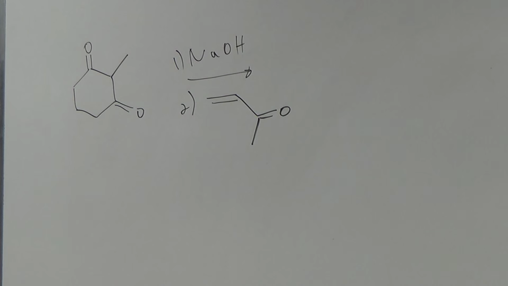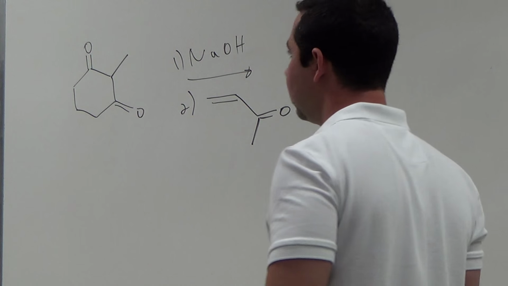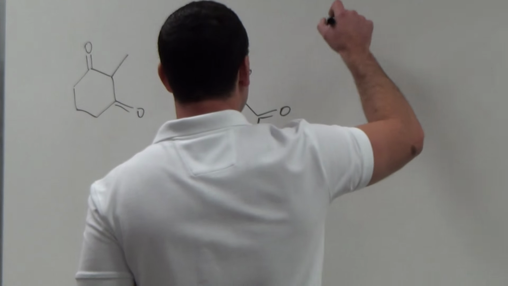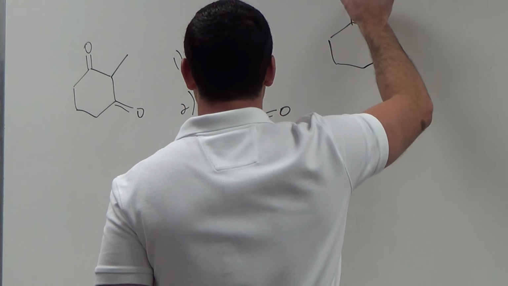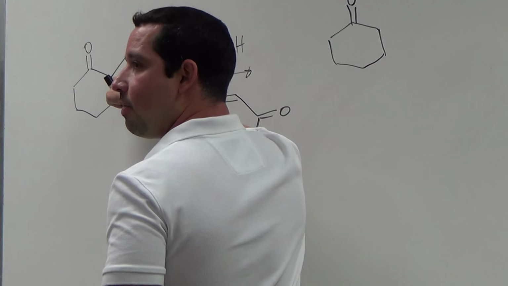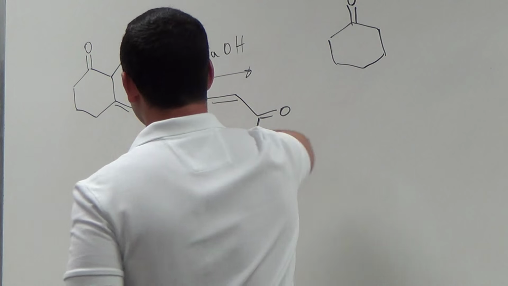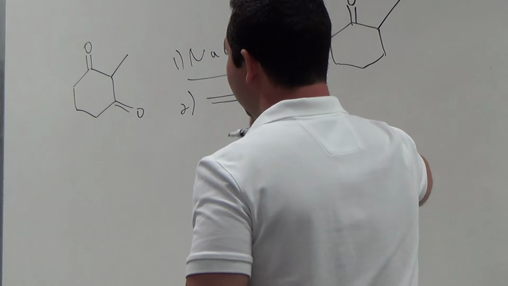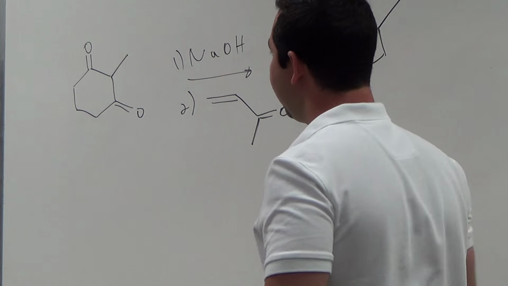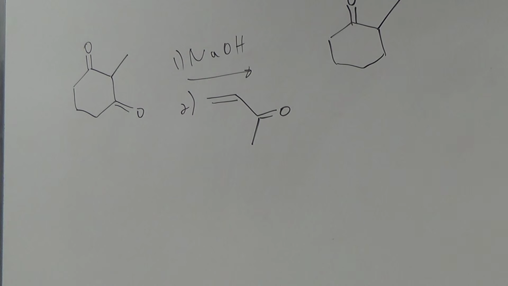Guys, you ready? What does this give you? That attached with where that CH3 is? Carbonyl. Pull this alpha proton from here. That becomes the nucleophile, and that nucleophile attacks that beta carbon.